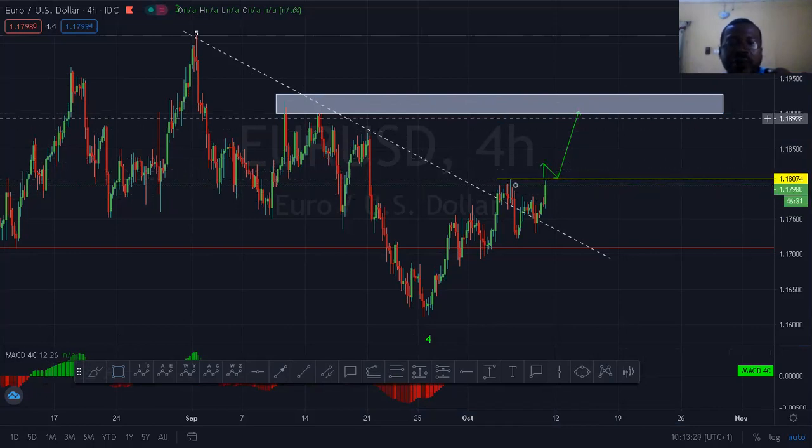So if price breaks here, it suggests that wave 4 might have ended.